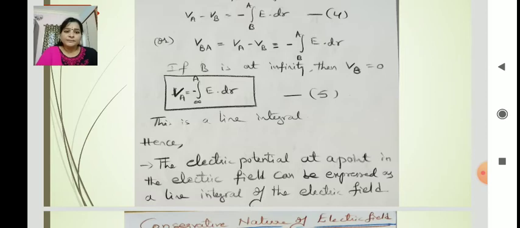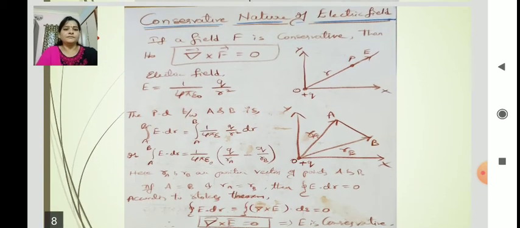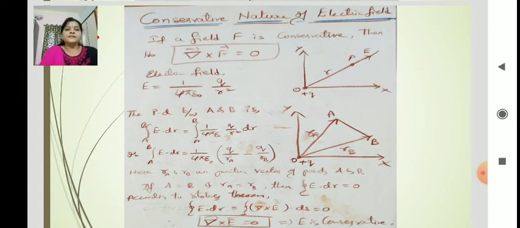Here we have to remember that electric field intensity is a vector quantity and electric potential is a scalar quantity. Next, conservative nature of electric field. Not only the electric field, any field F is said to be conservative if the curl of that field is equal to 0.